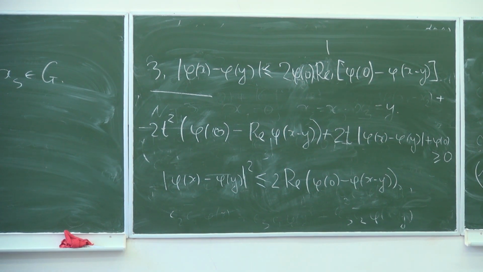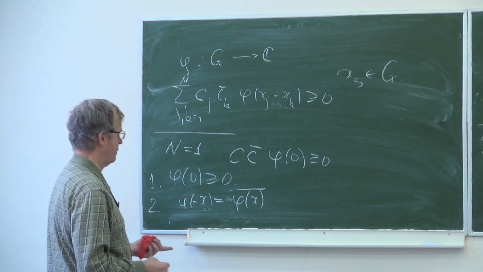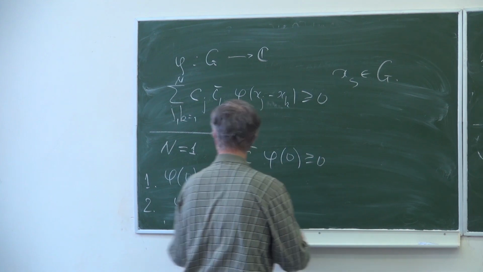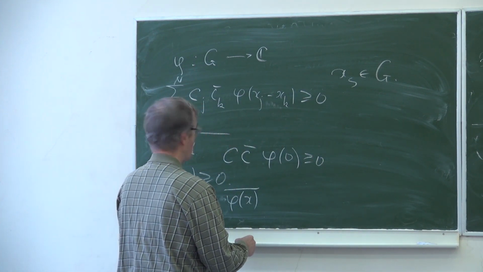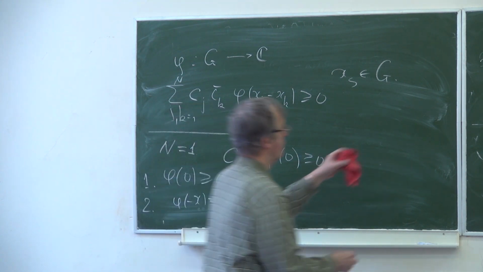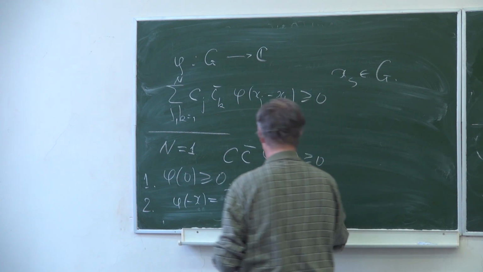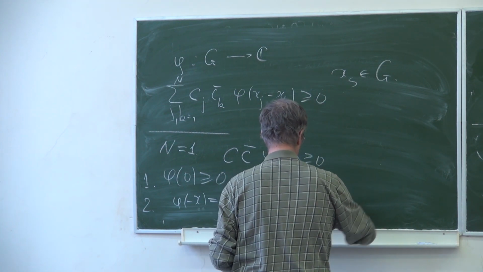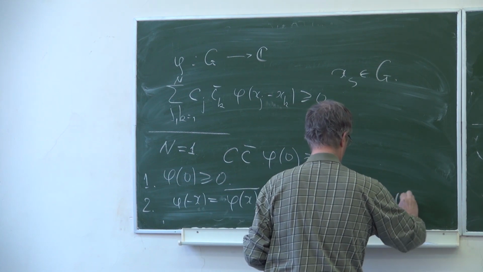Now, in principle, I don't even need all of that. What is essential here? It is essential that phi is bounded. This property, so probably this property 4, and there was also property 3, that phi of x is dominated by phi of 0.